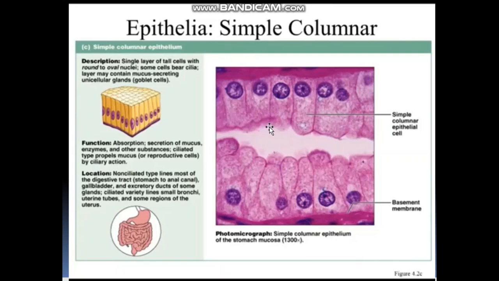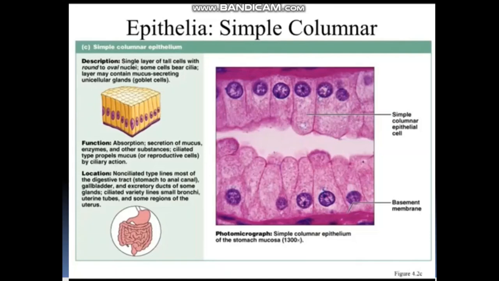But in other places we will find cilia instead of the microvilli, and that will be characteristic for the epididymis, ductuli efferentes of the testes. Then we will find it in the uterus, in oviducts, then in small bronchi. So that will be the simple columnar epithelium, which will carry cilia on its surface.